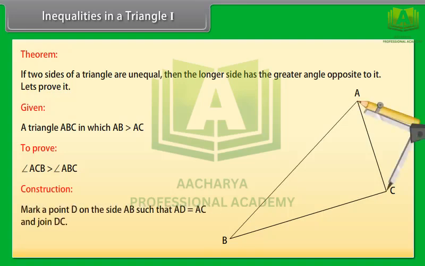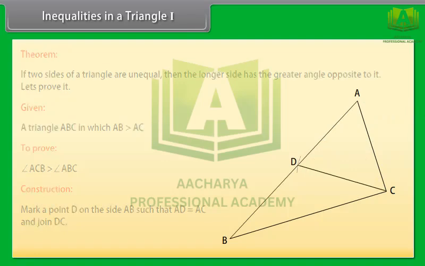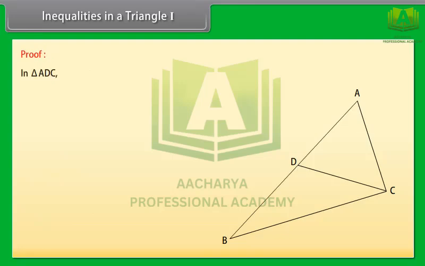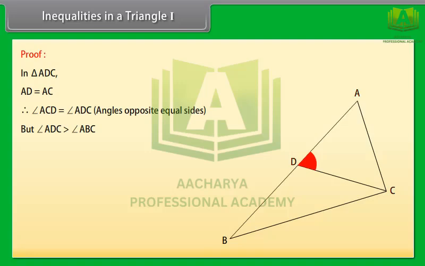Construction. Mark a point D on the side AB such that AD is equal to AC and join DC. Proof. In triangle ADC, AD is equal to AC. Therefore, angle ACD is equal to angle ADC because angles opposite equal sides of a triangle are equal. But angle ADC is greater than angle ABC because an exterior angle is greater than the opposite interior angles.